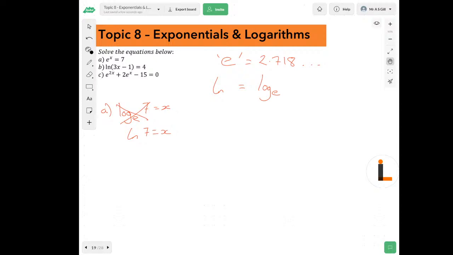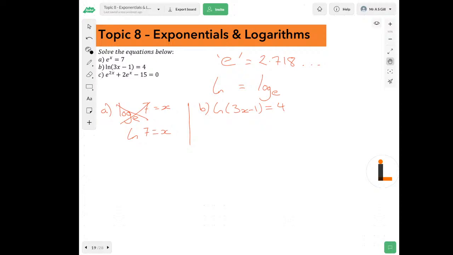Part B, again, we can use the exact same log laws and the relationship between logs and exponentials to work that out. We can rewrite it, where ln is base e.